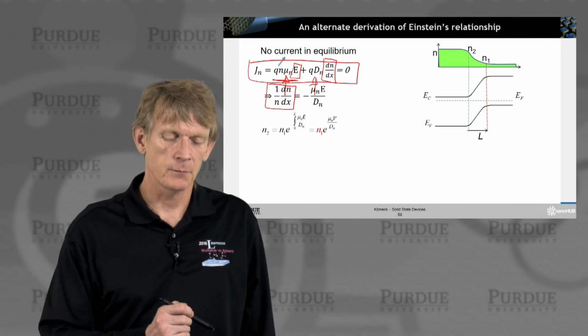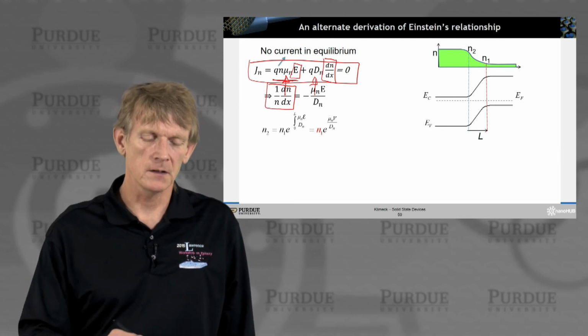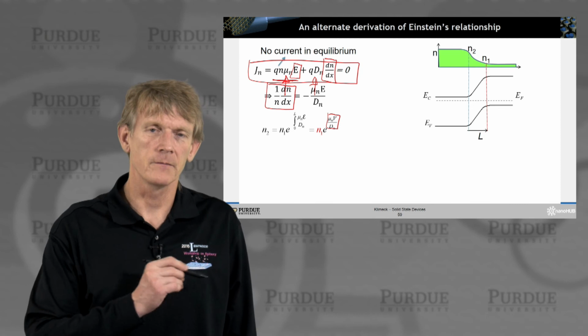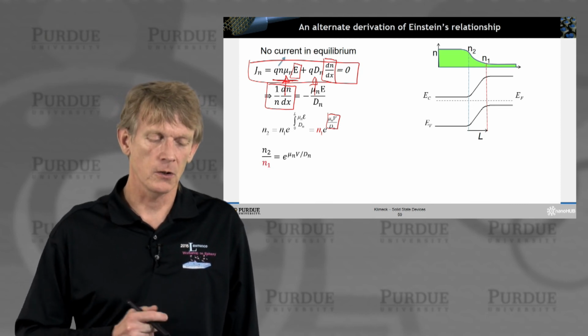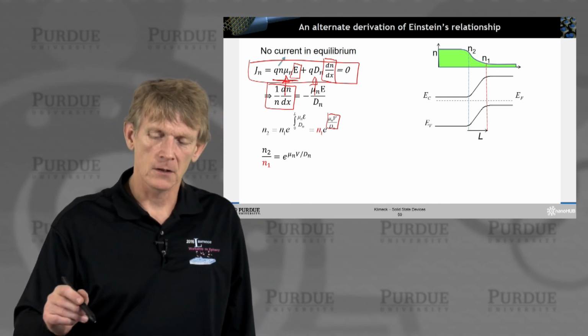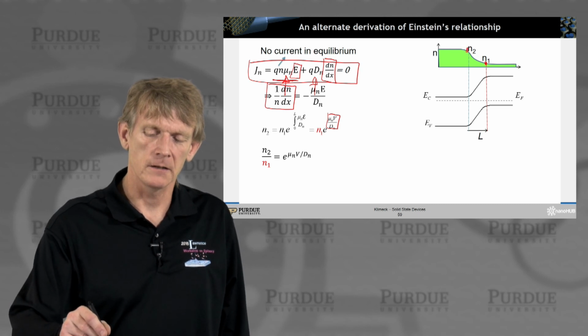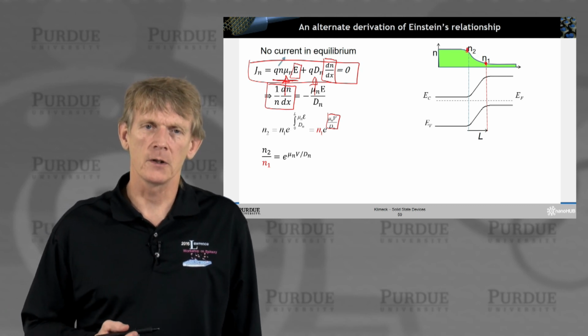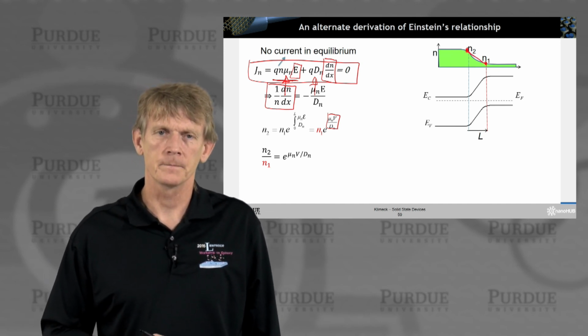You can have an expression that means if you have a charge gradient, you must have a built-in potential in your structure. Okay, so this gives you now a ratio of N2 over N1. If you have any sort of gradient between charge level N1 and charge level N2, there must be a voltage that is dropping off in between here. Okay?